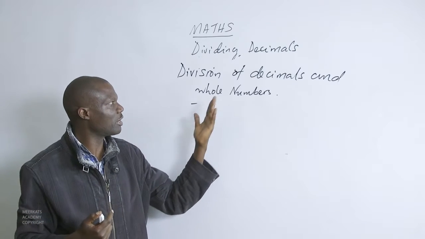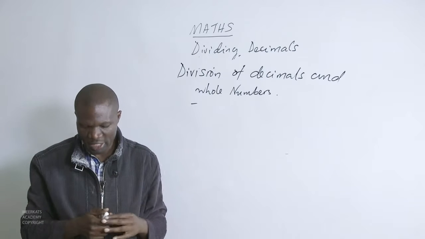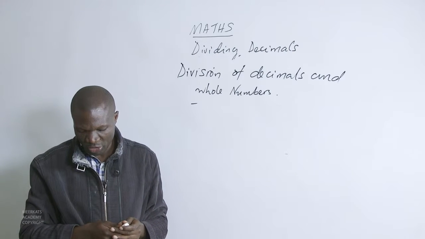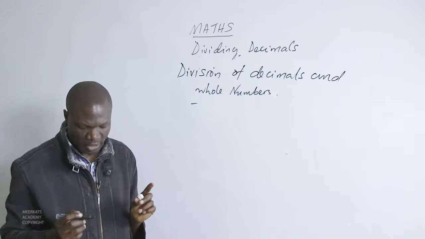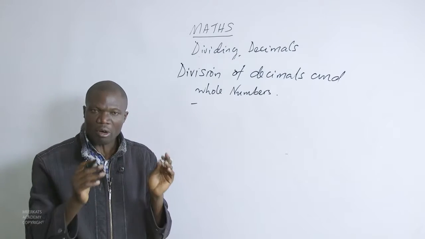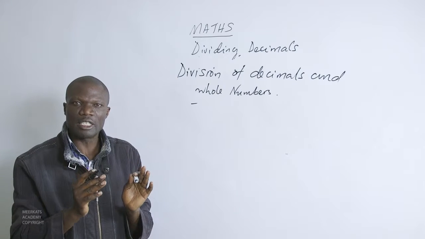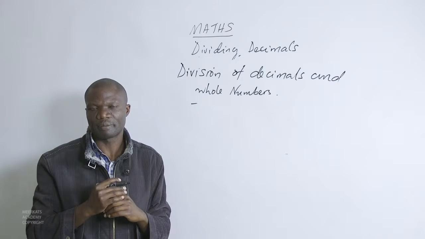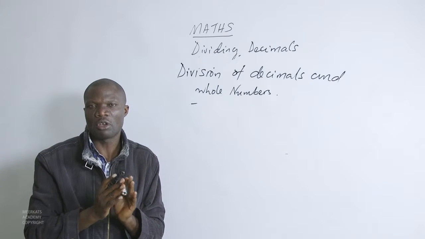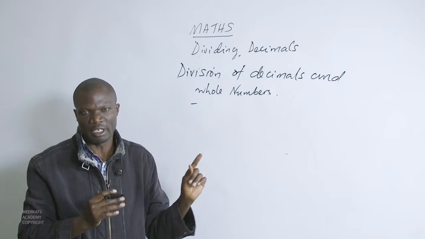So when dividing decimals by whole numbers, we handle it just like the division of whole numbers. But the decimal point of the quotient comes exactly above the decimal position of the dividend.